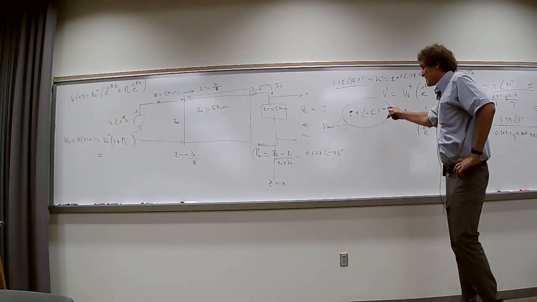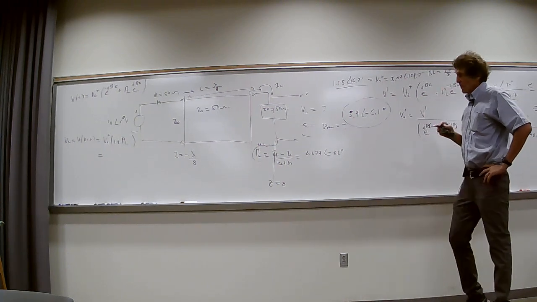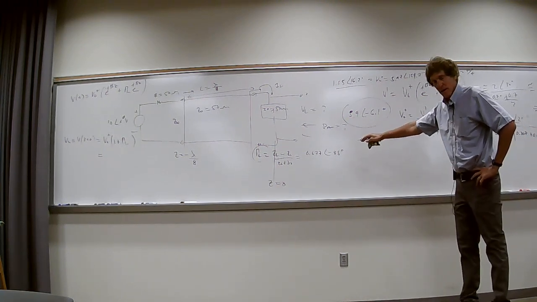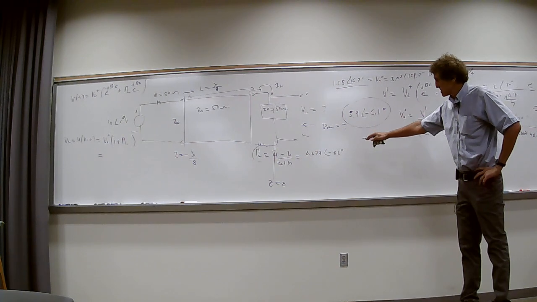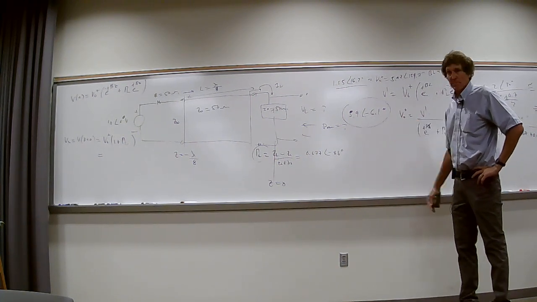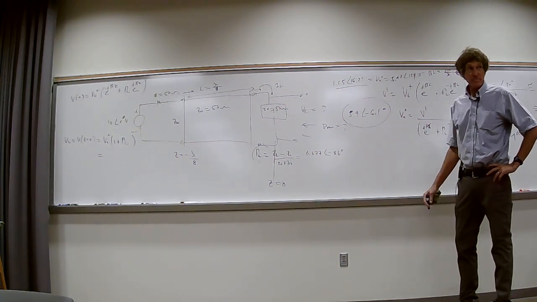This is V0 plus, you can put it in radians if you want. 1 plus gamma L, that's almost minus j right there, almost. Anybody?